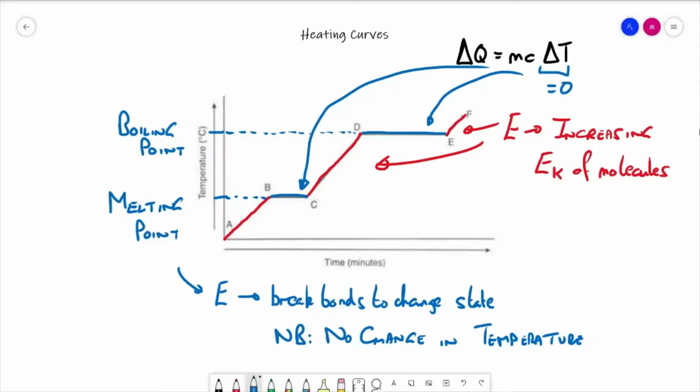We're still putting energy into the system, so delta Q certainly isn't 0 at that point. Well, the mass isn't 0, the specific heat capacity is not 0, but suddenly we're saying that delta T is 0. In other words, that equation must therefore no longer apply when we're at the change in state.